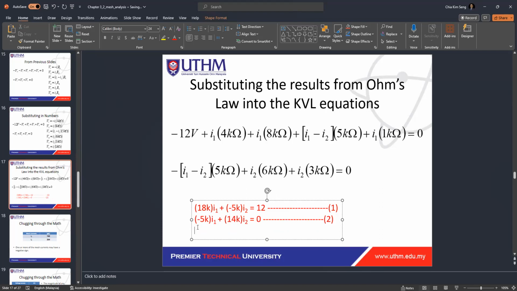So hopefully you know how to use the calculator to get this answer. So you don't need to use the matrix actually, and also don't waste too much time. Okay, so in your calculator, you should select the simultaneous equation. If you don't know, you can go to Google or YouTube, I think there should be a tutorial.